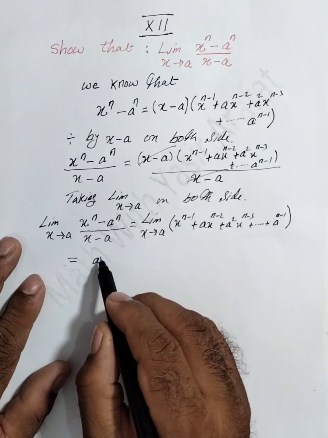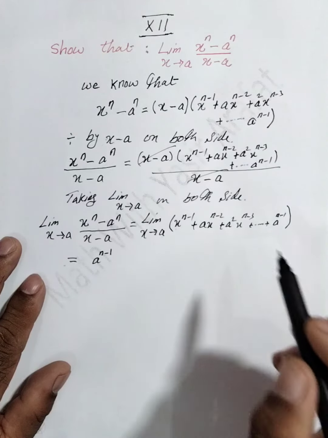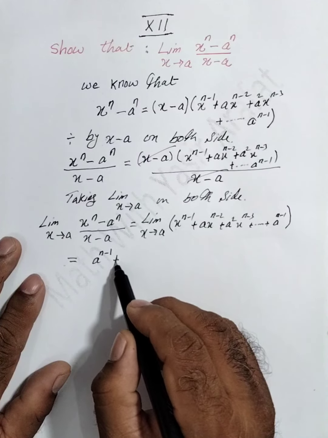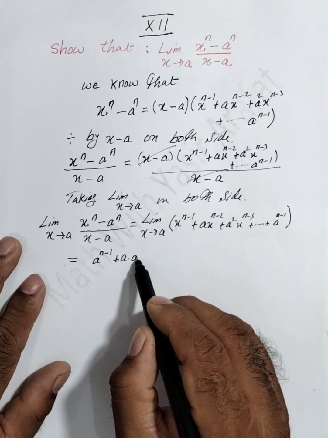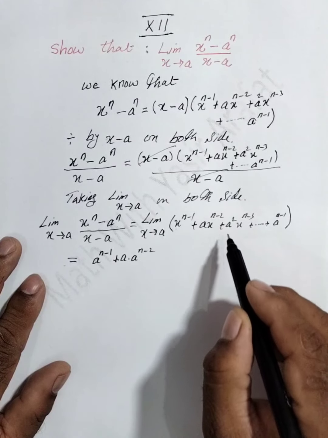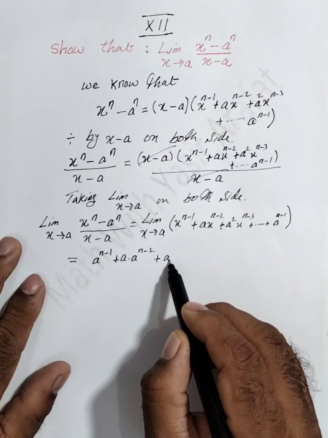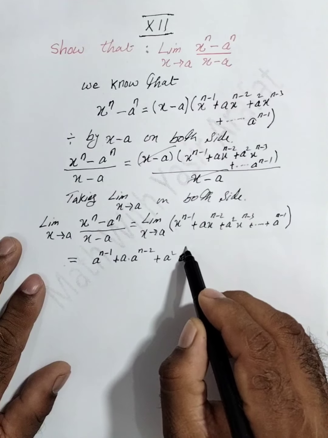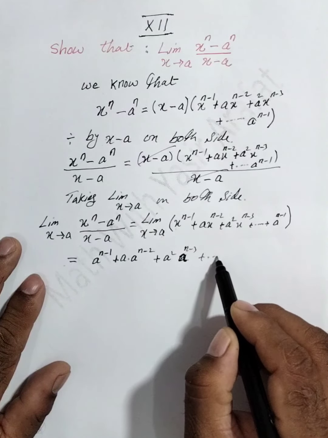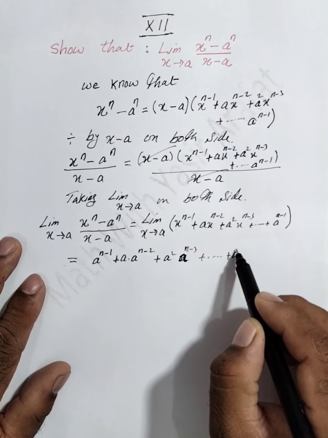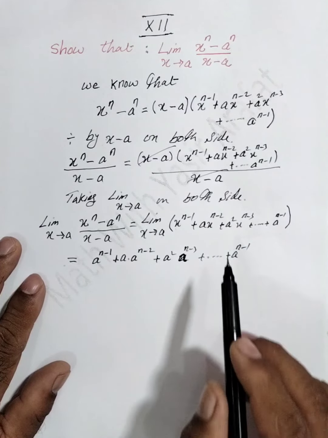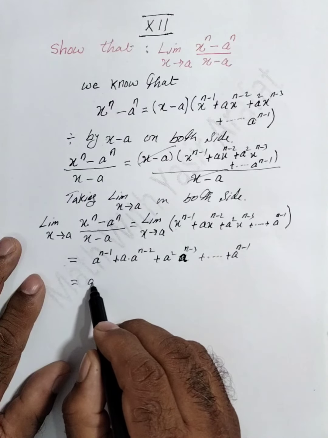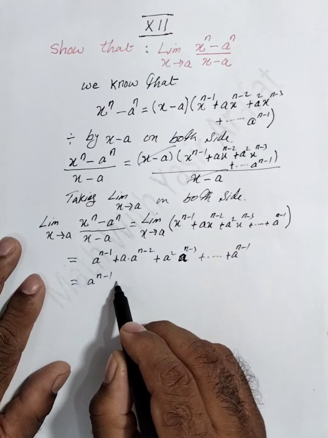So here this is a^(n-1) because x is equal to a, and when we put it here, this is a into a^(n-2), this is a^2 times a^(n-3), and so on plus a^(n-1).